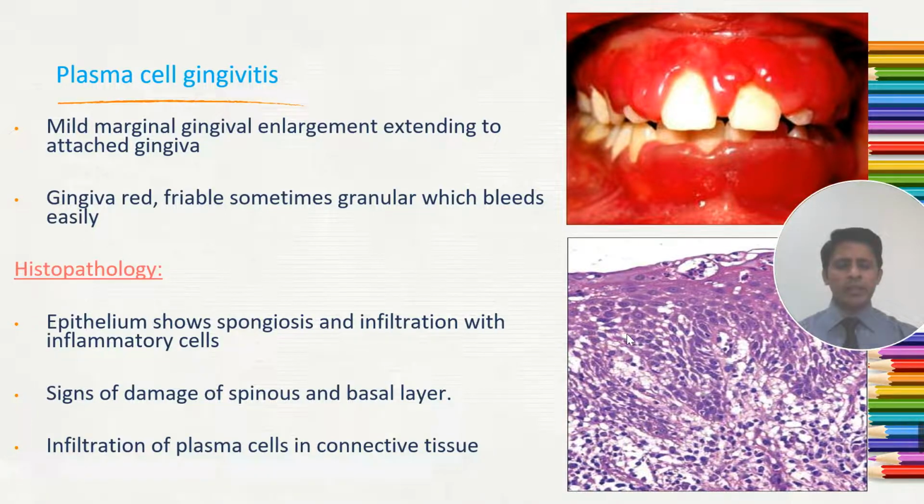The histopathology shows epithelium with spongiosis and inflammatory cell infiltrates. You can appreciate the abundance of inflammatory infiltration. There are signs of damage of the spinous and basal cell layers of the epithelium, and infiltration of plasma cells in the connective tissue is also seen.